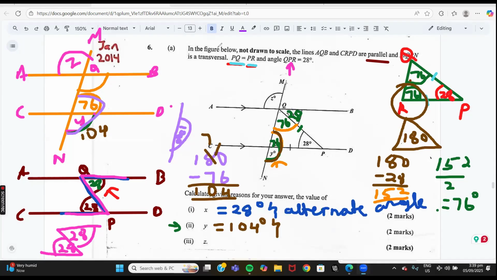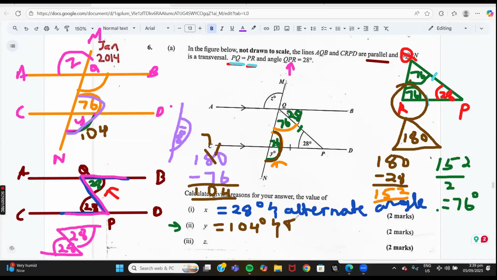Isosceles triangle, and what's the other one? I just said it, angles on a straight line. So I used two rules, and you want to always put all the rules that you use. If you use one, put one. If you use two, put the two.